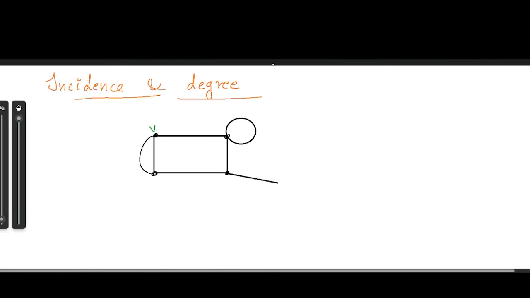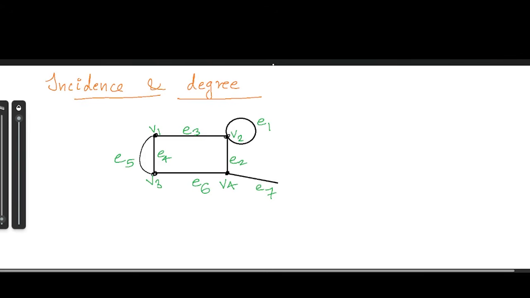Here, this is the vertex V1, this is V2, then this is V3, this is V4. Now we can name the edges also: E1, E2, E3, E4, E5, E6, E7.